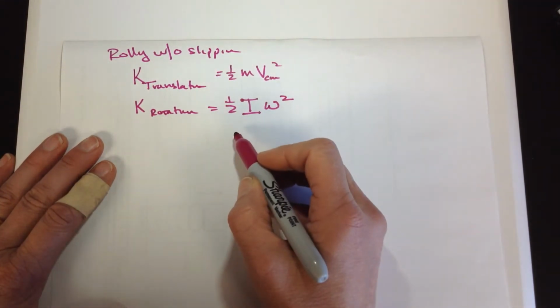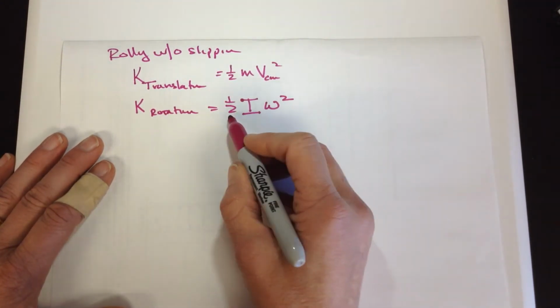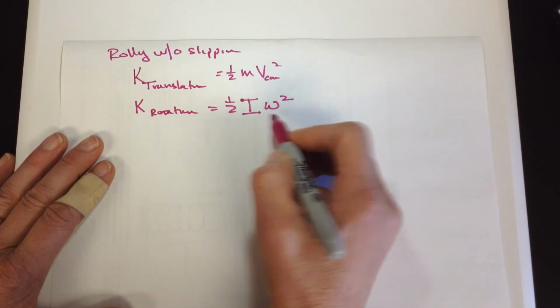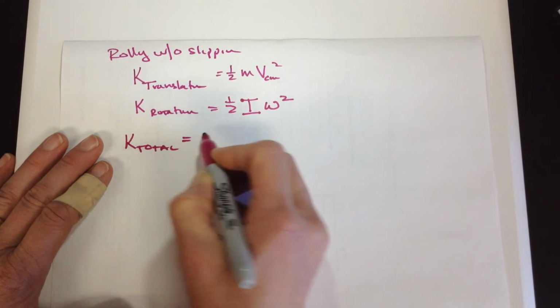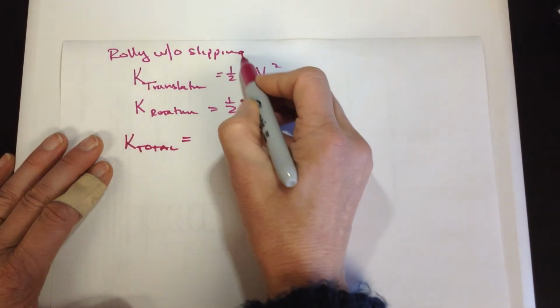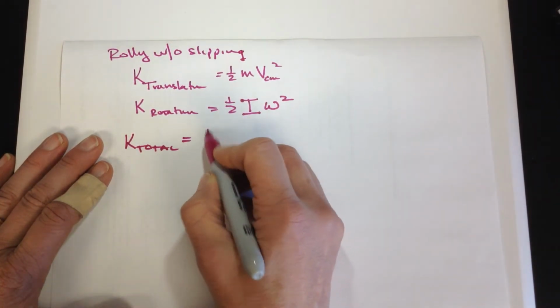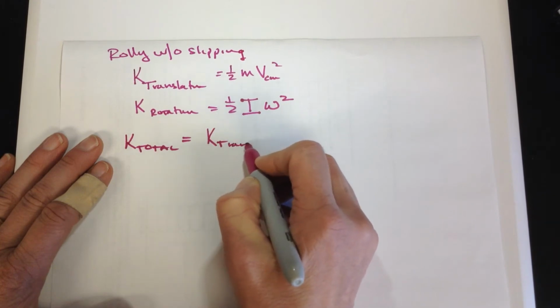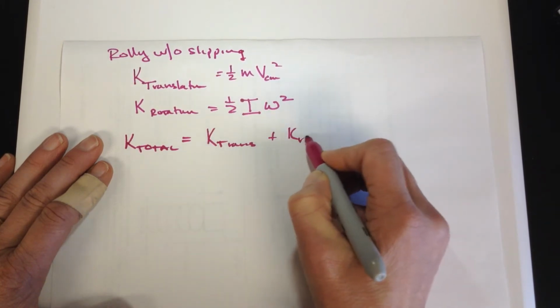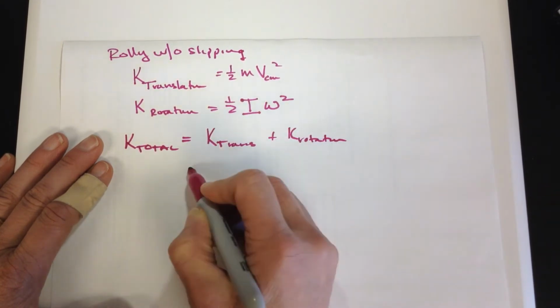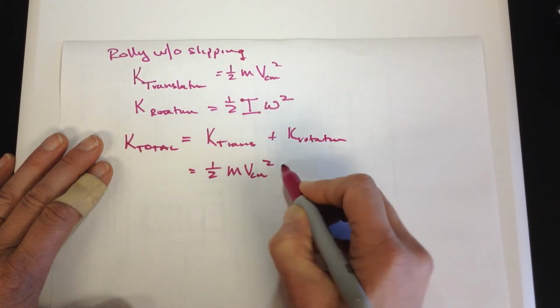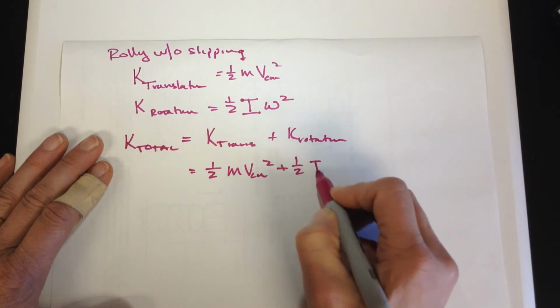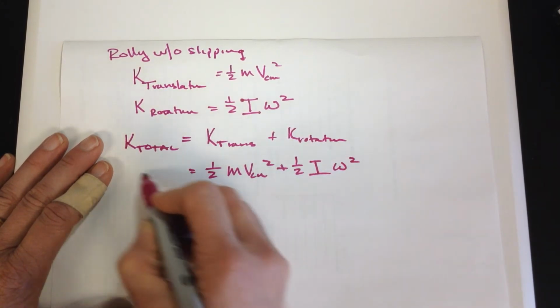So the kinetic energy associated with rotation is 1/2 I omega squared. Our total kinetic energy for an object that is rolling without slipping is the kinetic energy of translation plus the kinetic energy of rotation, which is 1/2 m v center of mass squared plus 1/2 rotational inertia times omega squared.